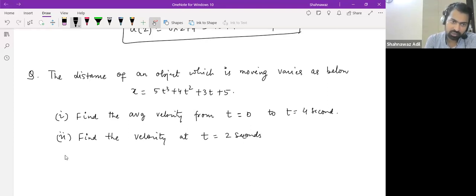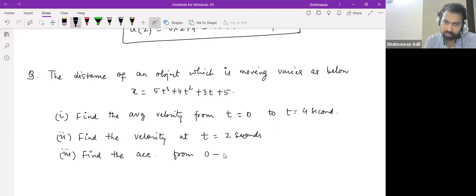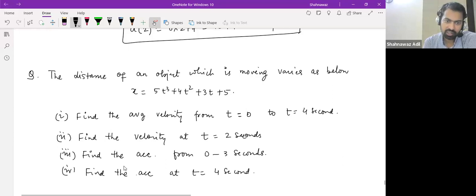And in the third question, they will ask you to find the acceleration from 0 to 3. And lastly, they will tell you to find the acceleration at t equal to 4 seconds. So these are the 4 questions that you have, right?